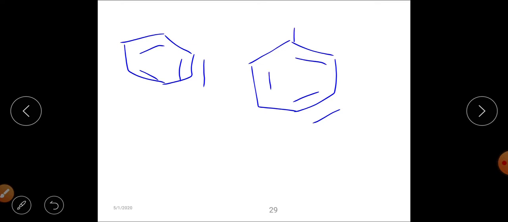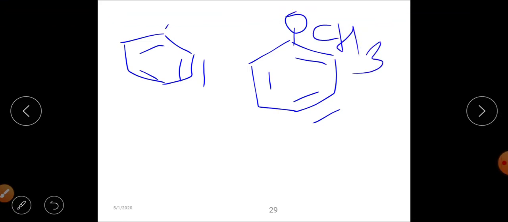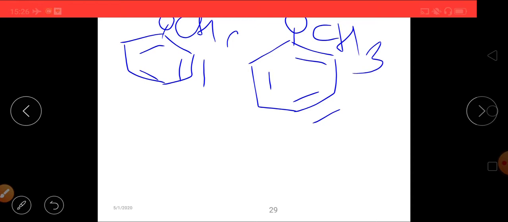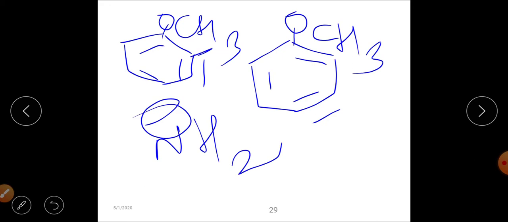Now we know that here the OCH3 group is present, and this group is electron withdrawing in its nature, right? As you know, the first step is the attack of NH2 negative, and hydrogen will be eliminated, right? So hydrogen can be eliminated from this place, or it can be eliminated from this place. Now from which it will be eliminated, that is the point.